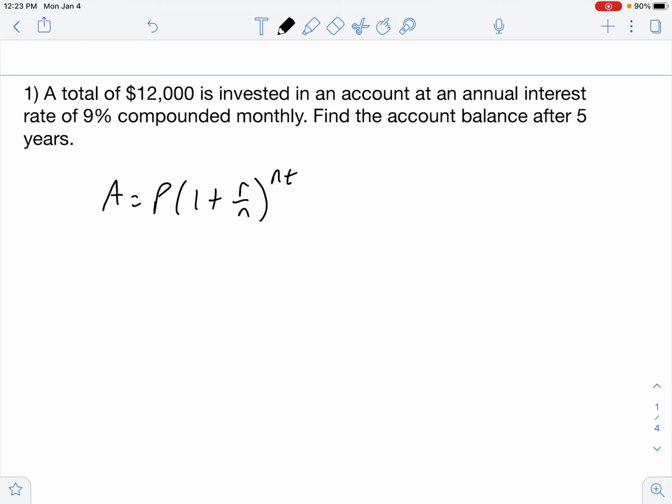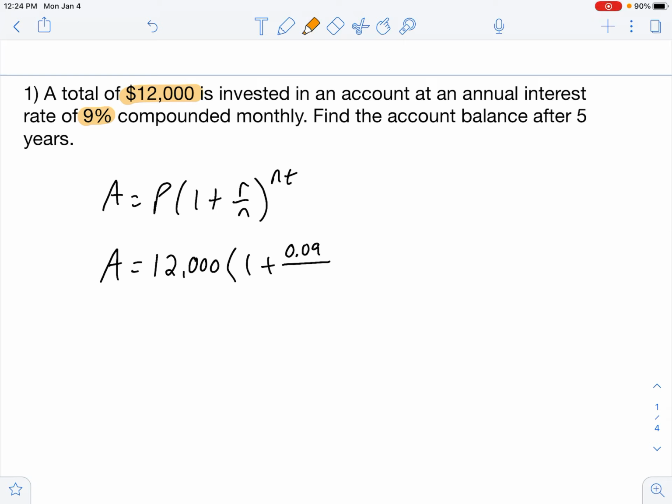So we have our P value, which is 12,000. That's what's being invested. So A is equal to 12,000 times 1 plus. Now our interest rate is 9%, which means we have to write it as a decimal. That's going to be 0.09. Remember, you move the decimal 2 places to the left.